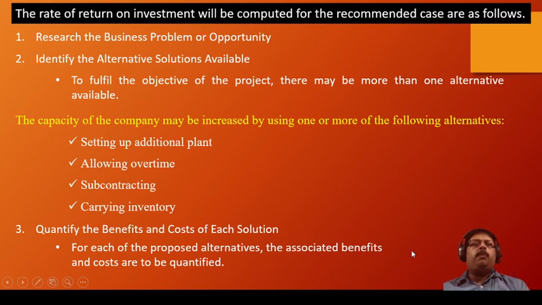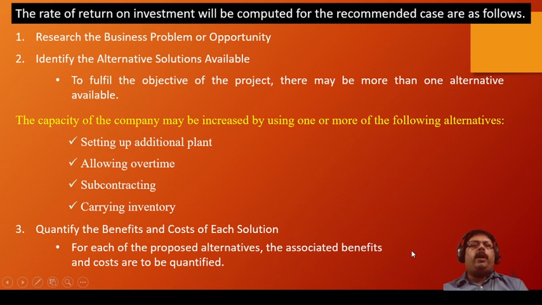Sometimes what happens, if a certain solution is proposed and it is not accepted, that is possible. So an alternate solution also should be available. To fulfill the objective of the project, there may be more than one alternative. If one is not accepted, some other alternative should be there. So this is how the recommendation should be done, and return on investment should be shown in the case.